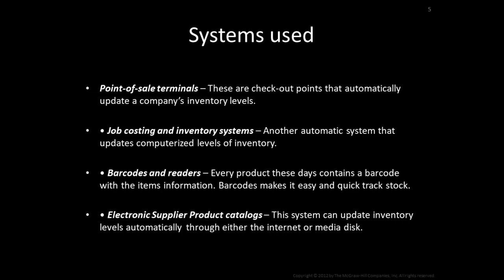Electronic supply product catalogs. This system can update inventory levels automatically through the internet or other media. Basically, this is updation from the vendor side, from the supplier side. In fact, it can work the reverse way. A buyer need not actually have to tell what is missing. But if you have a good interface between the buyer as well as the vendor, which is a concept we will look at in the next topic for this class, retail management information systems.